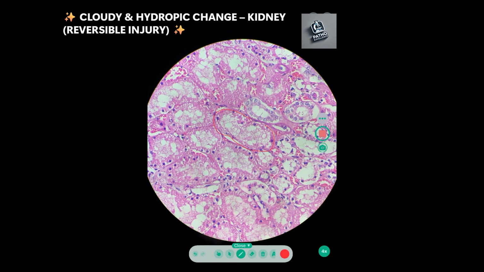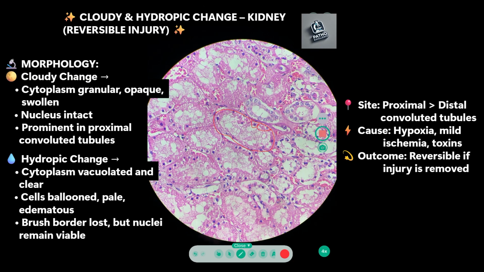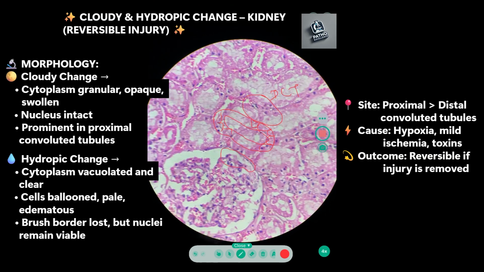So in this proximal tubule, you can see there is vacuolar change in the cytoplasm. So vacuoles are easily identifiable and lumen is having cloudy change. There is loss of microvilli, and here this is the DCT, which is very less affected by this cloudy change.